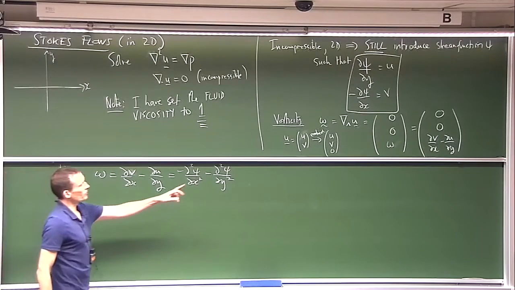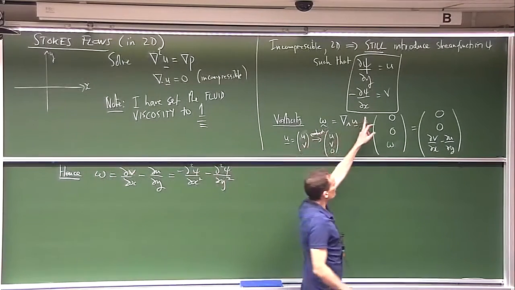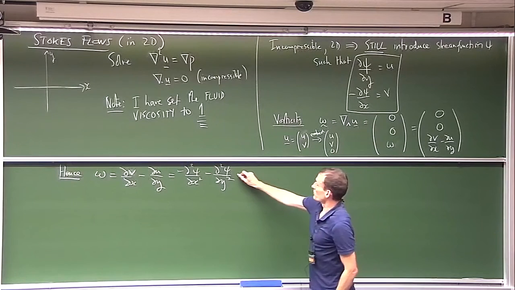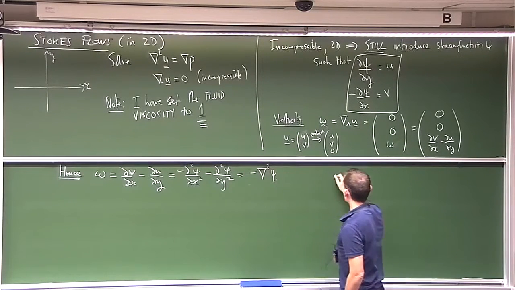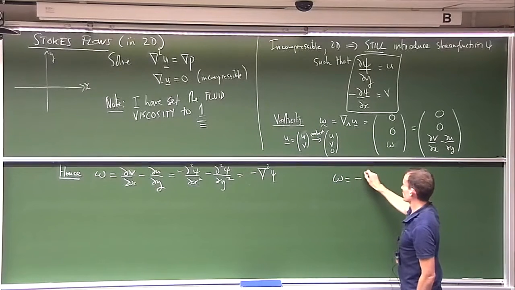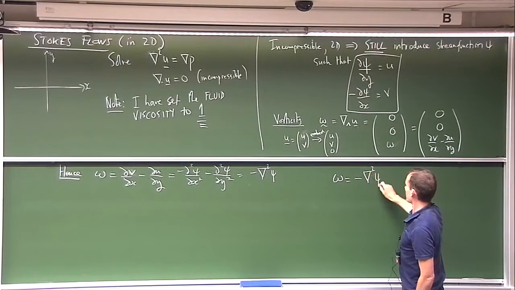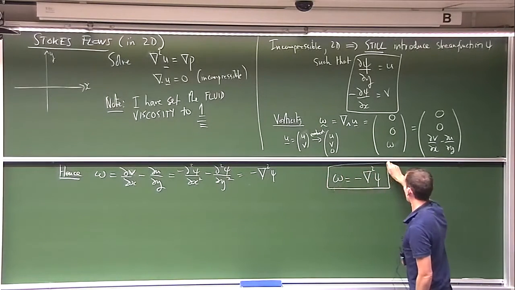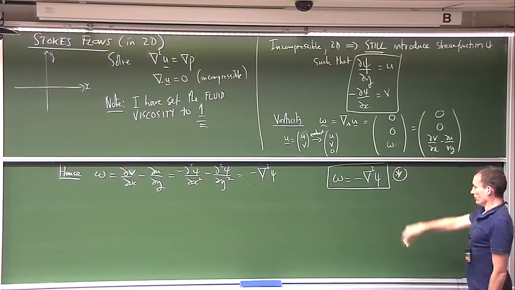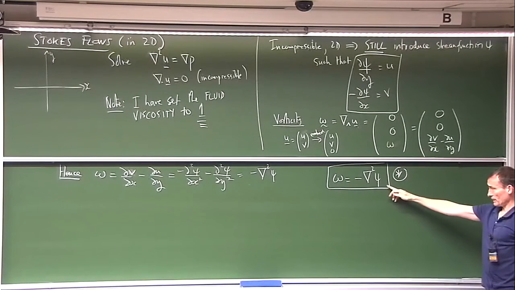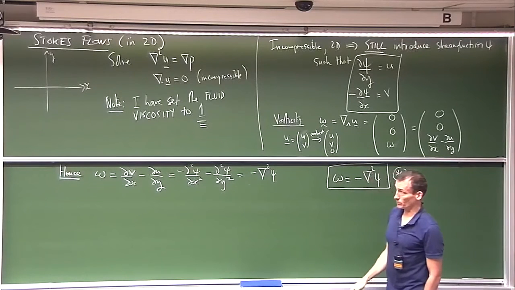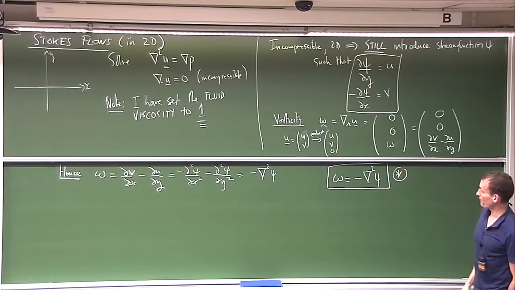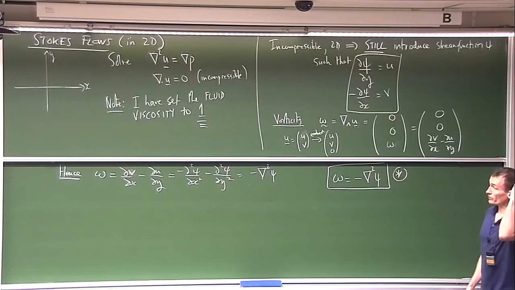So this is minus del squared psi. That's quite an important thing for us to remember. This is true, by the way, of any 2-dimensional incompressible flow, viscous or not.